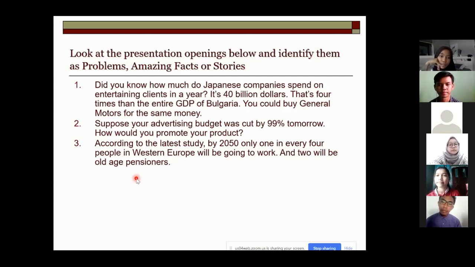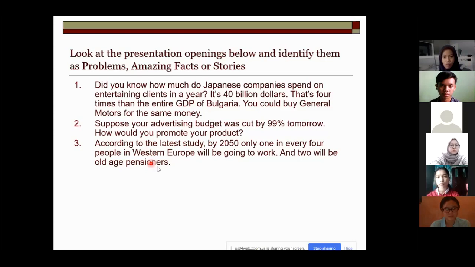Stories, ma'am. Stories. How do you know it is stories? Make sure. The keyword is according to the latest study. If you talk about the latest study, it must be something scientific, right? It's something that has been researched, something that has been studied scientifically by experts.